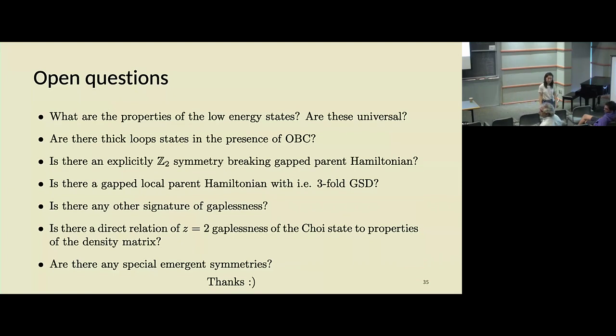So have you checked that all of the states have 1 over L squared scaling in the z equals 2 phase? What do you mean by all? Well, is it possible that the first excited state has 1 over L squared scaling, but not all of them do, so it's not actually scale invariant?